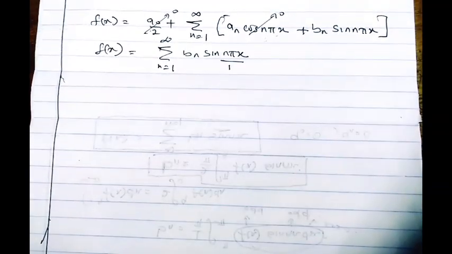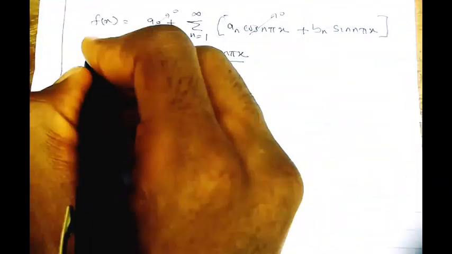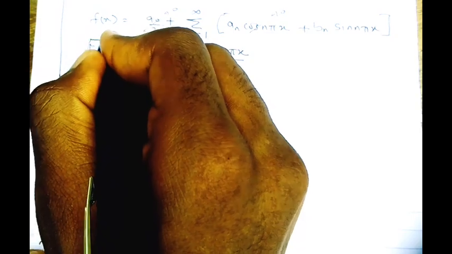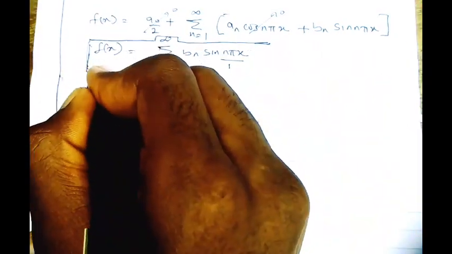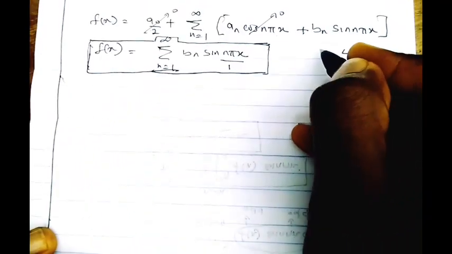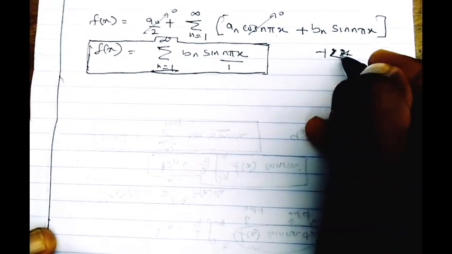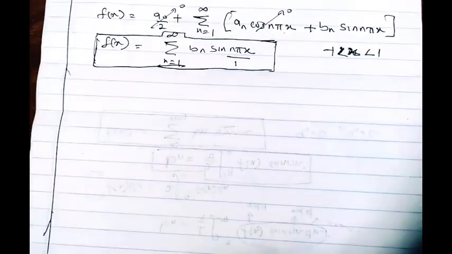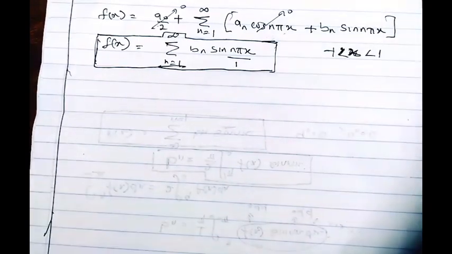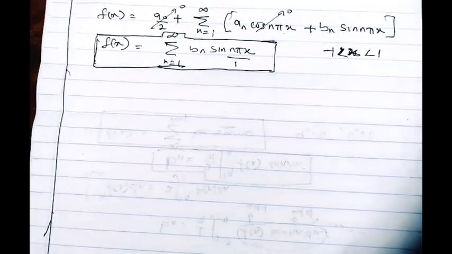So you see that this is like the standard Fourier series formula we got for an odd function from minus pi to pi. But in this case, it's from x equals minus 1 to 1. Now we put the value of b into our series to get our answer.